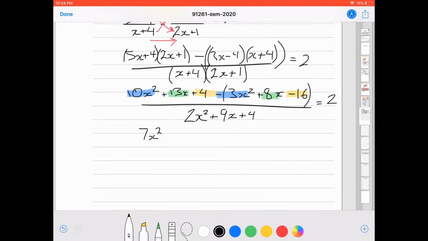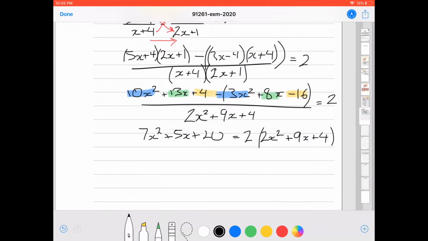So I've got 7x squared, 13x minus 8x is positive 5x, and positive 4 plus 16 is 20. And this equals 2 times (2x squared plus 9x plus 4). So we can see a quadratic starting to form.